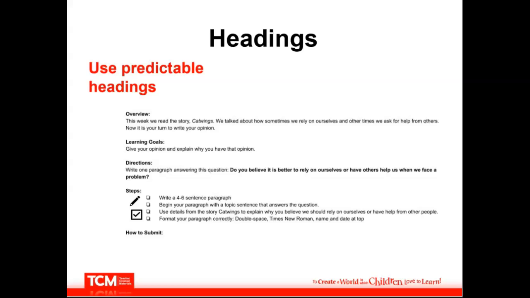So, in the example here, my students know that the overview will provide them with some context about the assignment that they're going to be completing. The learning goals is just a student-friendly way of identifying the objectives that I have for that assignment. Directions include the task itself. The steps also include additional guidelines or parameters that I want to include for my students.